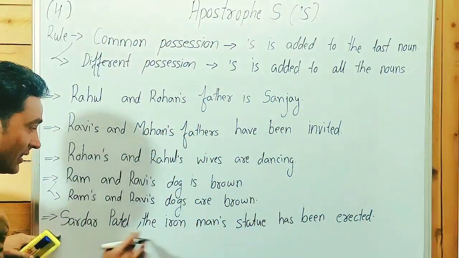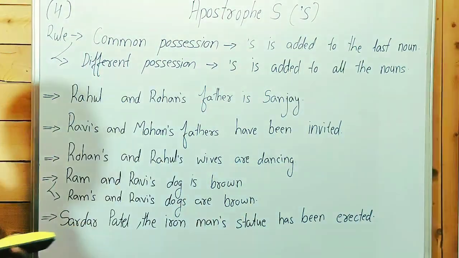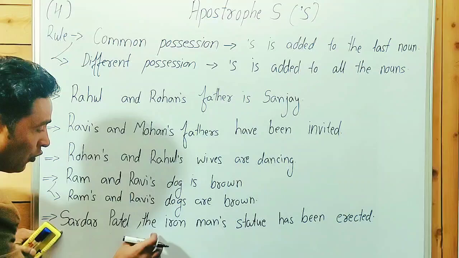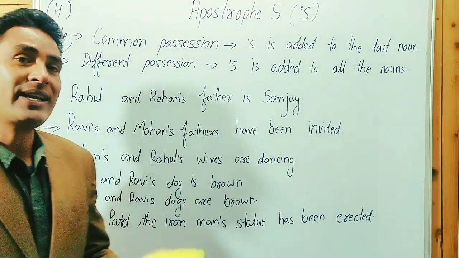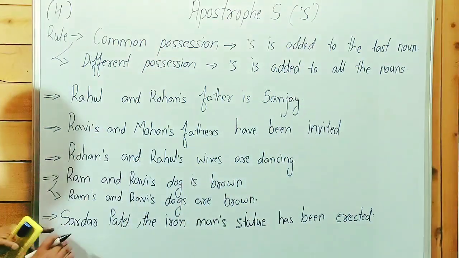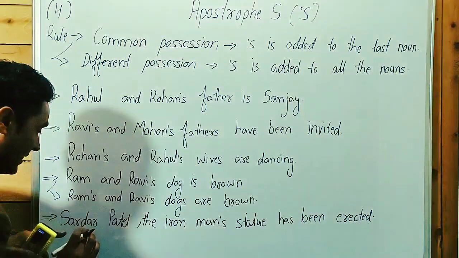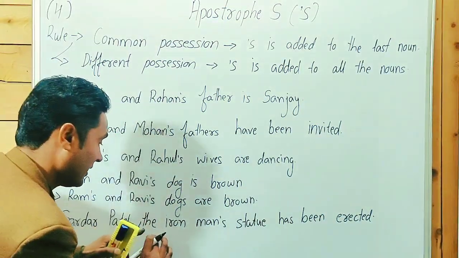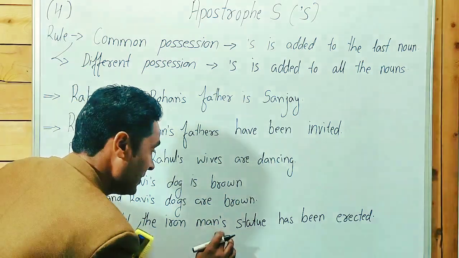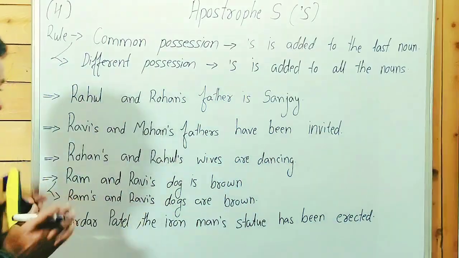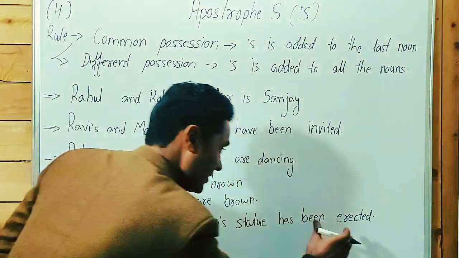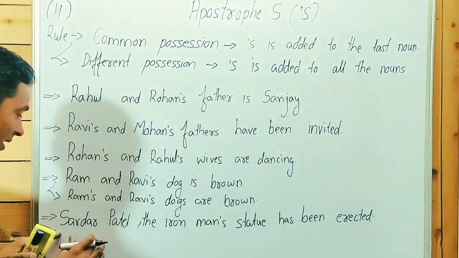Sardar Patel, the Iron Man, statue has been erected. Sardar Patel is known by the name of Iron Man, so we can't write Sardar Patel's the Iron Man's statue have been erected. That is incorrect, because we are talking about only one statue, one possession, and both names refer to the same person.